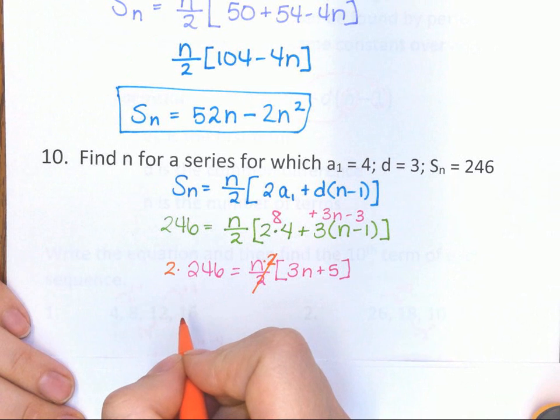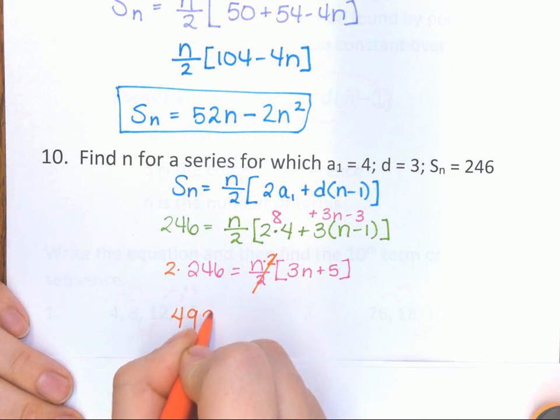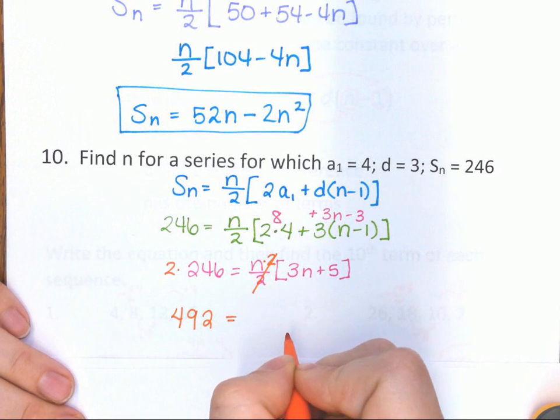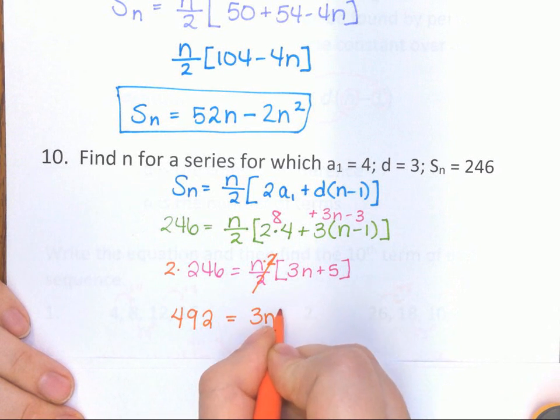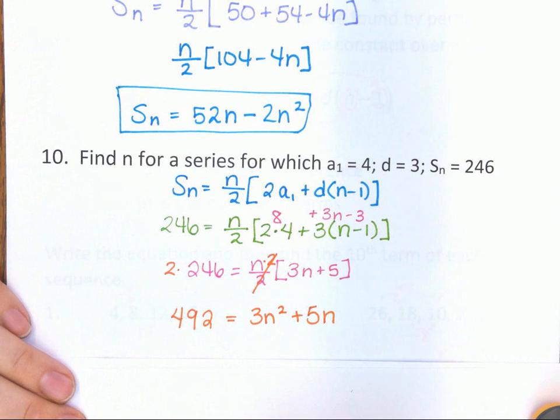So what is 246 times 2? And then on the other side, when I distribute, what will I have? 3n squared plus 5n. 246 times 2 is not... it's 492.